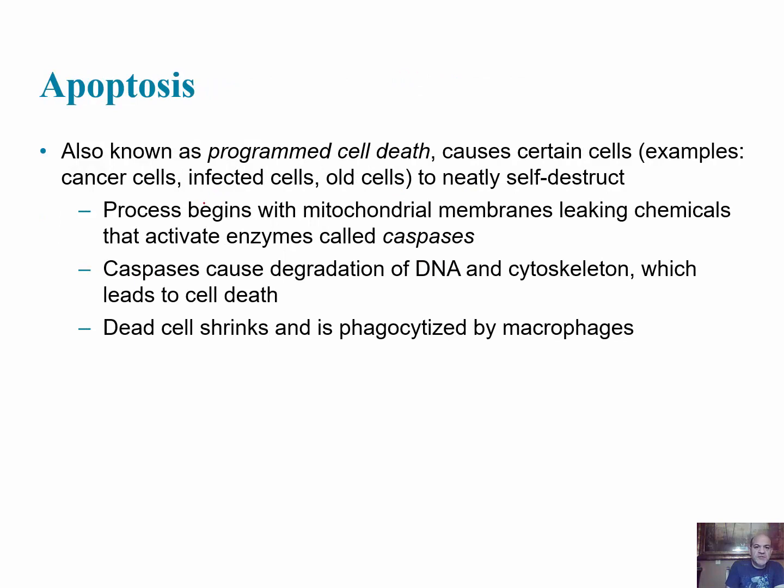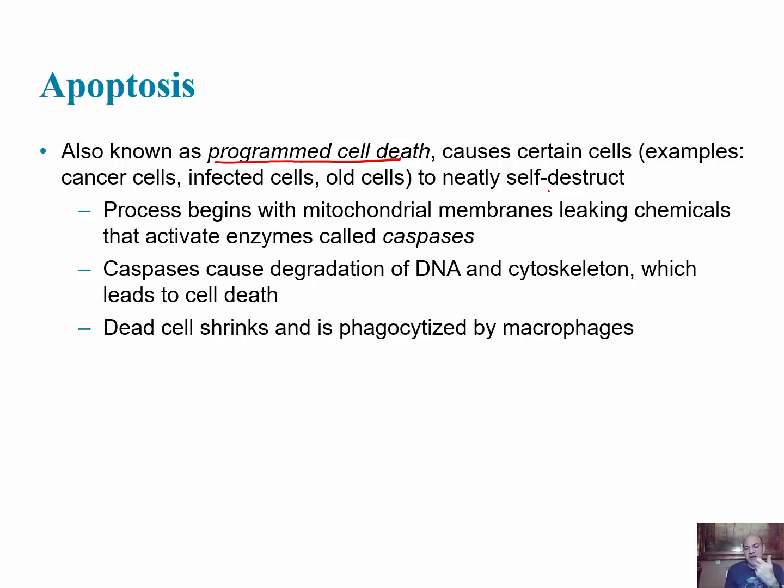And then there's apoptosis, which is also known as programmed cell death. And this is going to happen in certain cells to self-destruct. This happens as a normal part of development. You have webbing between your fingers early in development, and those cells go through apoptosis.